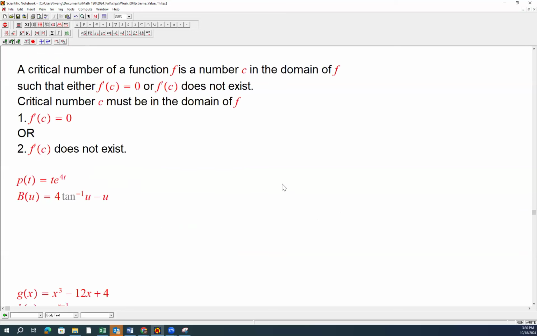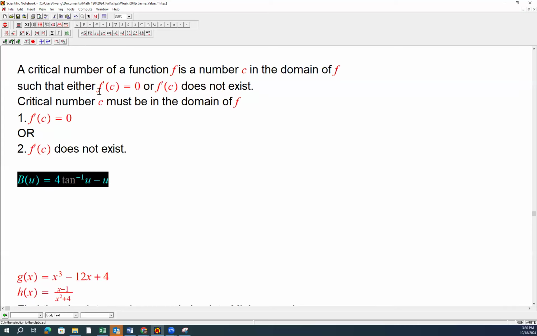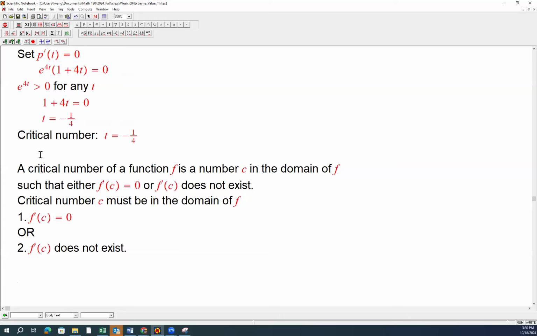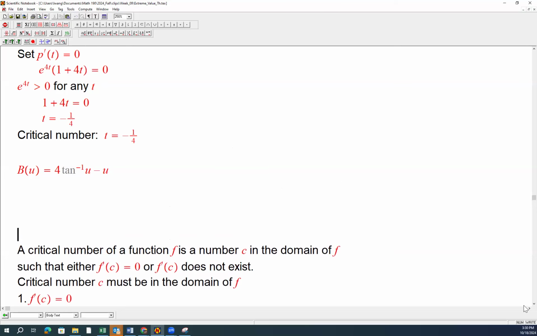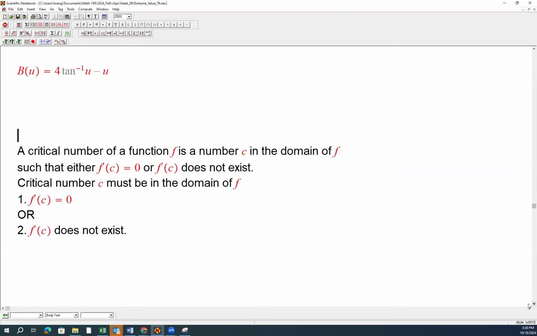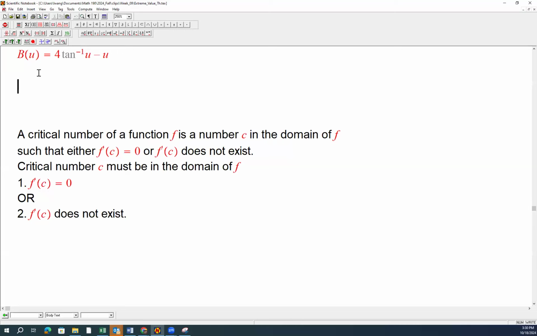Okay, so let's do this last one, to find critical numbers. This is a function of u. What is the domain?